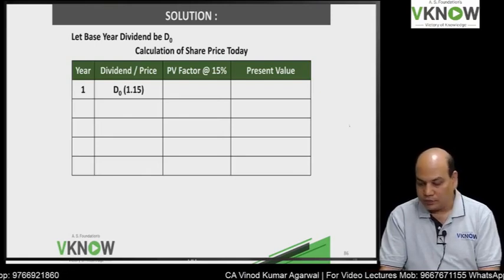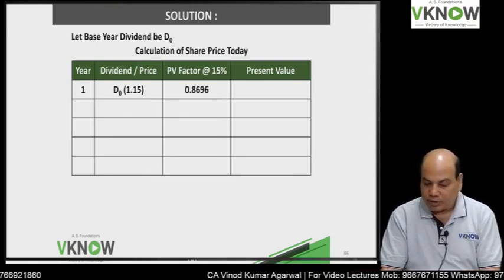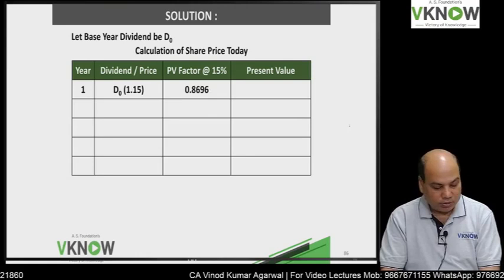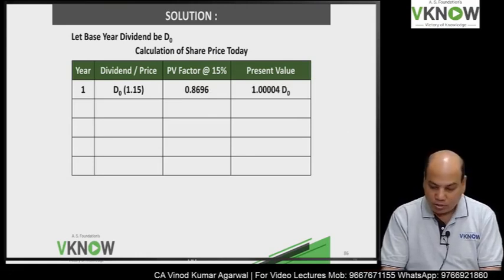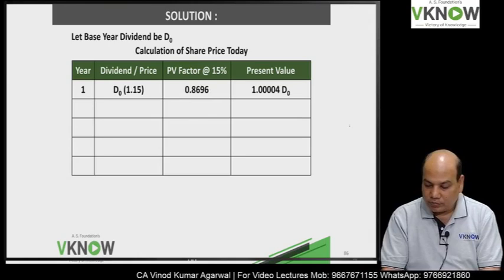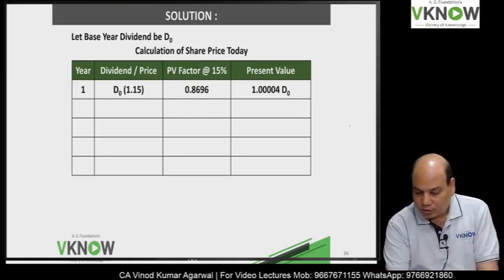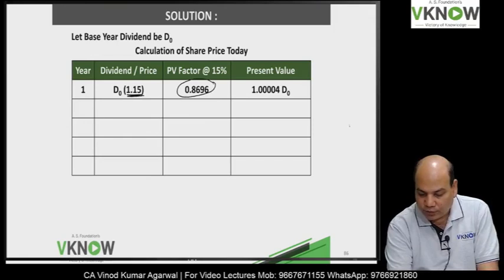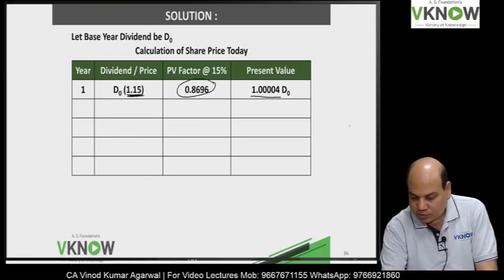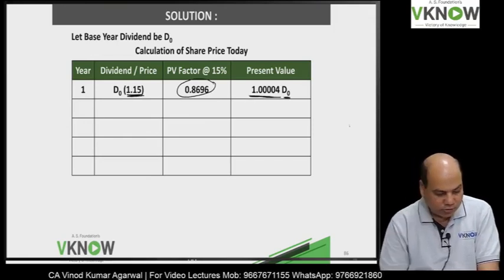D0 into 1.15. PV factor printed in the book is 0.8696. Multiply, how do you multiply? 0.8696 into 1.15 will give you this number, and then write D0.